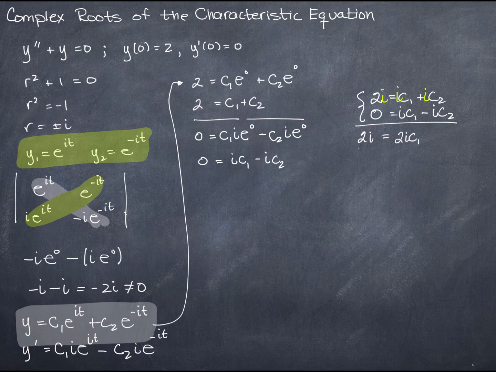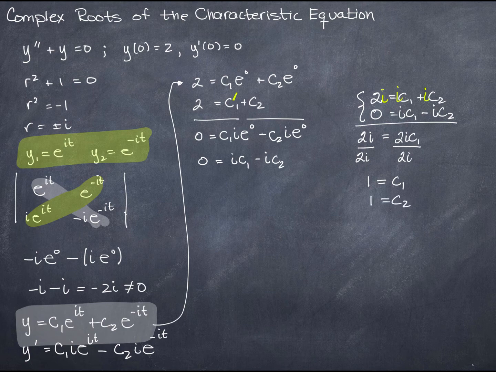That was the whole point. Dividing both of these by 2i, 2i gives me 1 equals c1. And since I know 1 equals c1, I can plug that into, this is probably the simplest equation. If I plug 1 in for c1, I'm going to get that c2 also equals 1. Well, that's handy. So 1 equals c2 as well.